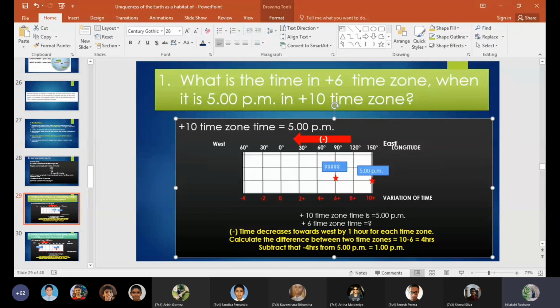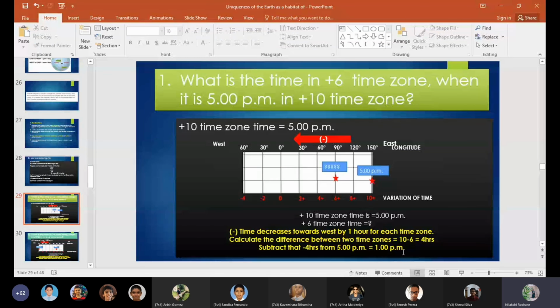Okay, there is another question. What is the time in the plus 4 time zone when it is 2:30 p.m. in the minus 6 time zone?